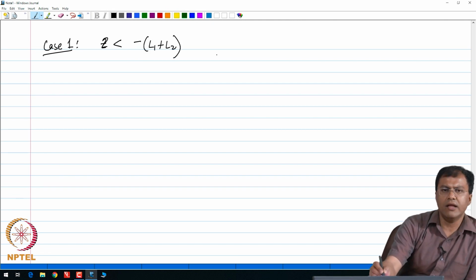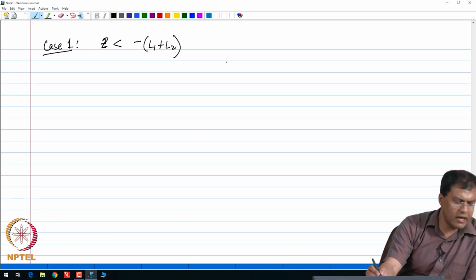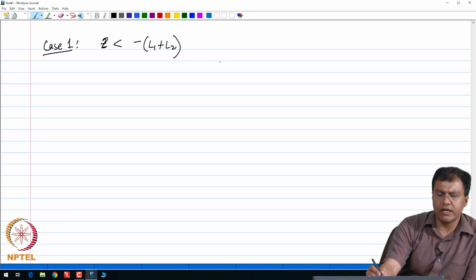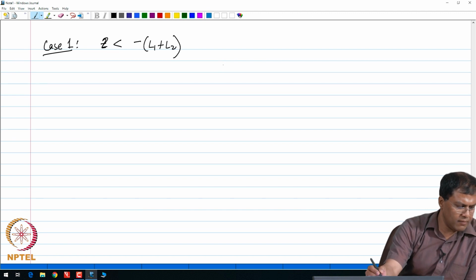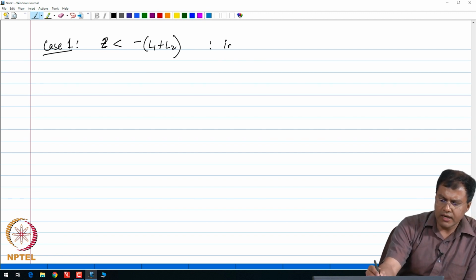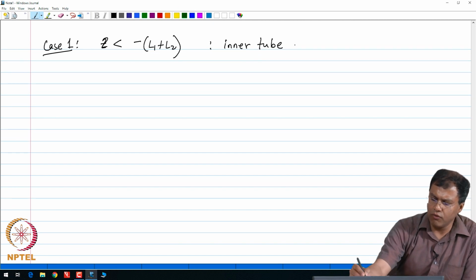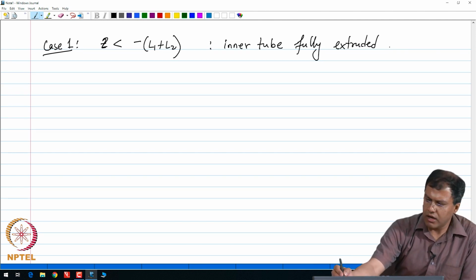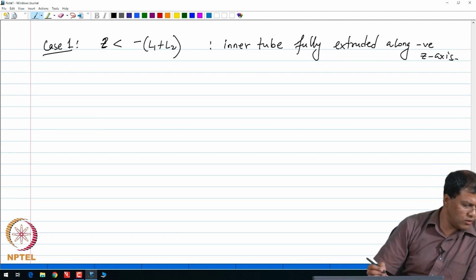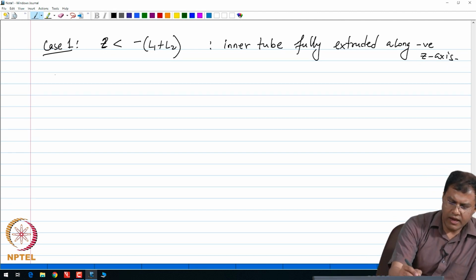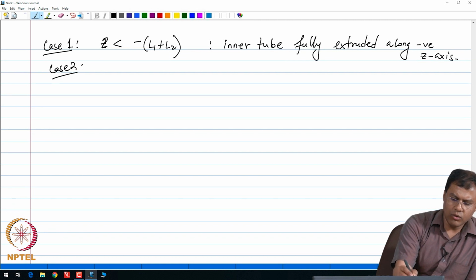So, it is outside the outer cylinder, so that there are no edge effects as well. Which means that the inner tube in this case is fully extruded along the negative z axis.